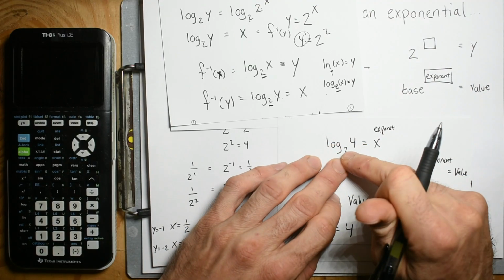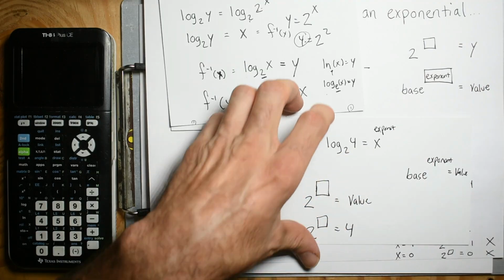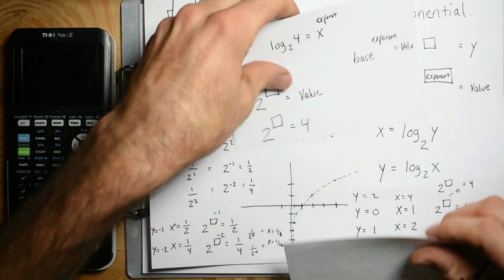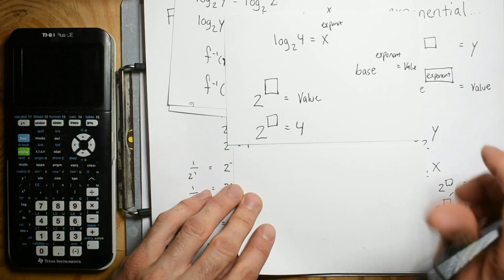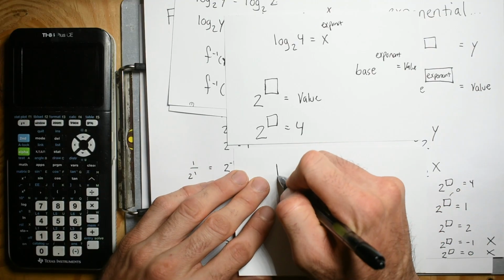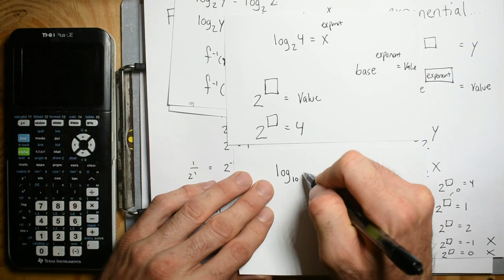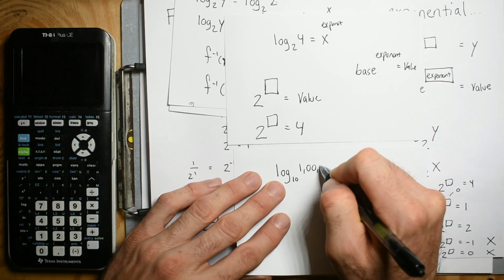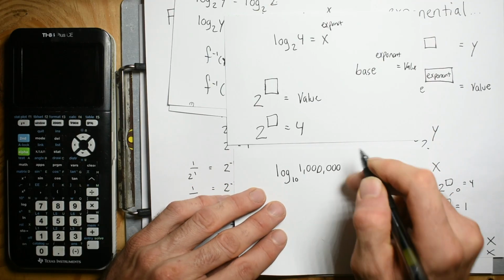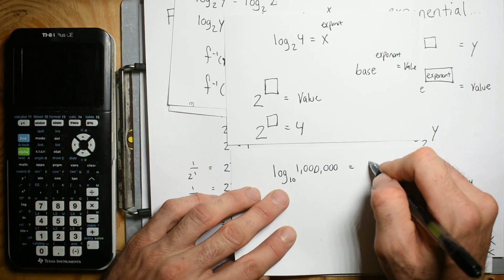So I know that this is the base, this is the exponent side, and I think it's very useful to know just 1 or 2 common logarithms. The one that I use is log base 10 of 1,000,000. Write out all these zeros for 1,000,000, and then just know that's 6.